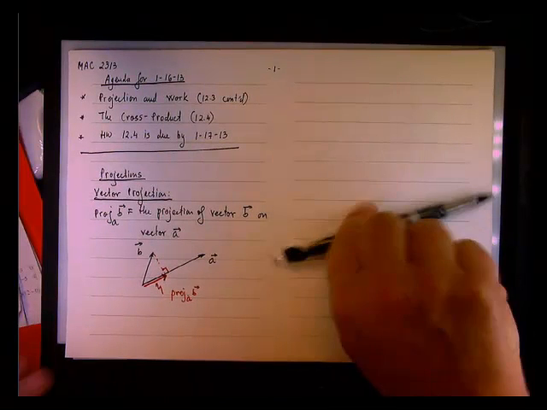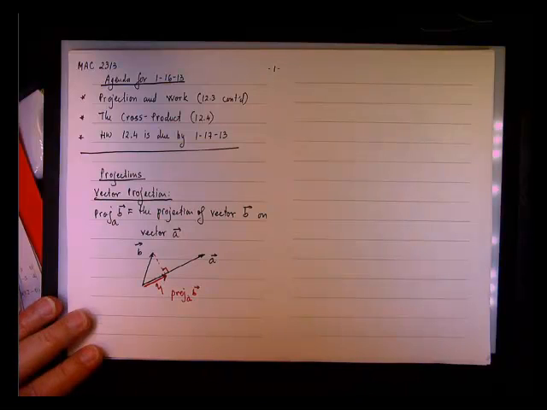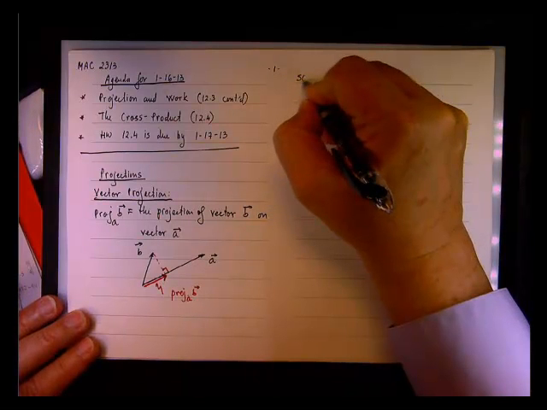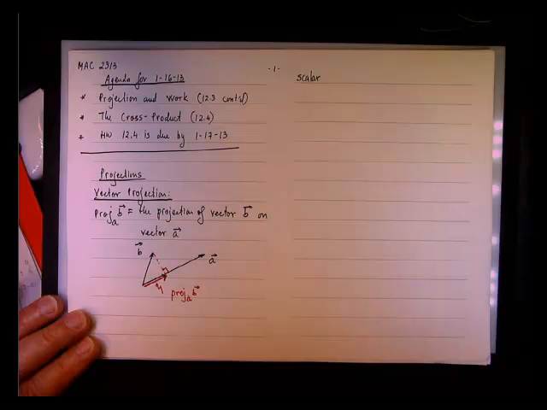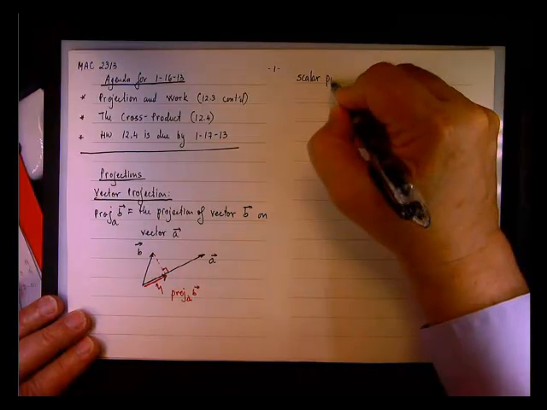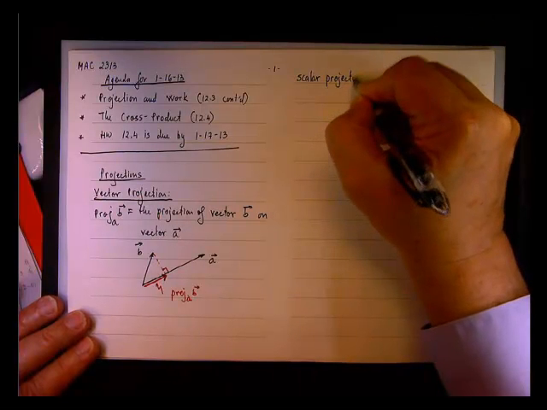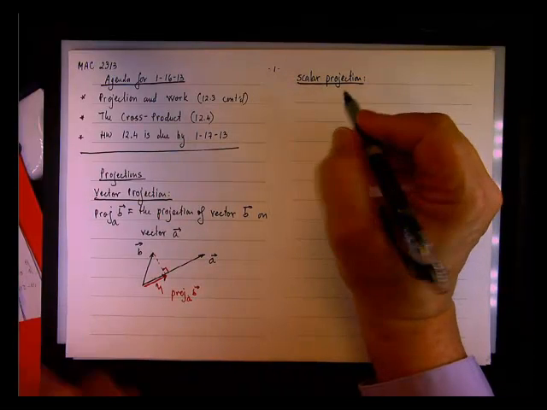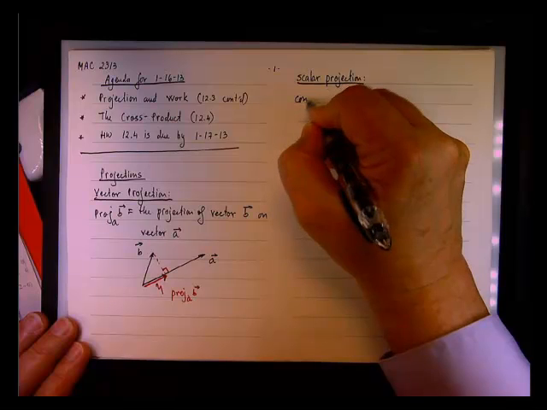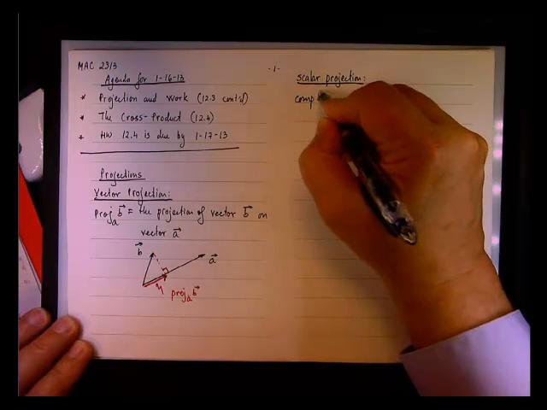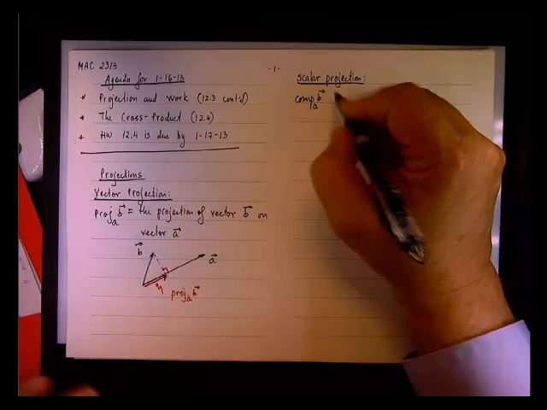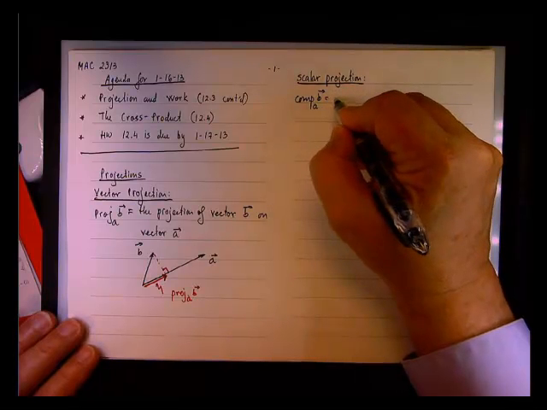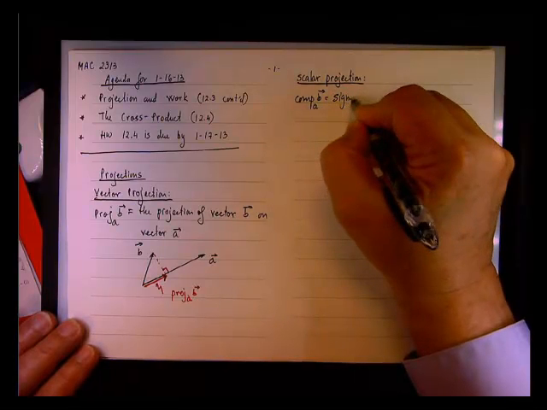And we have a scalar projection, which is the magnitude of the vector projection. The notation will be comp B on A, like so.